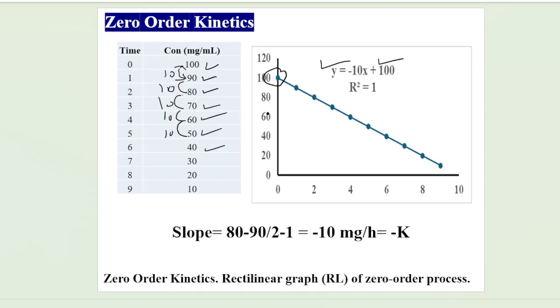So what will be the concentration at this x-axis time? If x is equal to 0, तो -10 0 के साथ multiply होगा and the whole will become equal to 0 and y will be equal to 100. That is the intercept. हमारे पास intercept आ जाएगी.